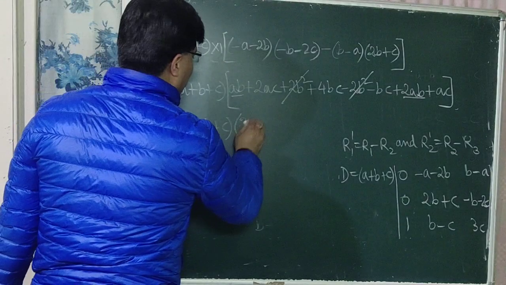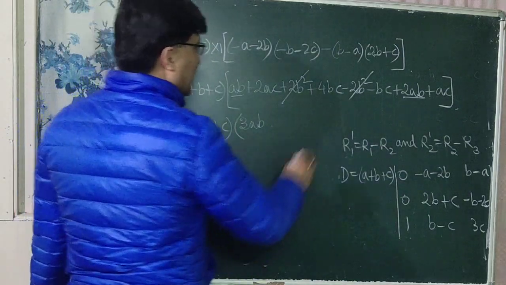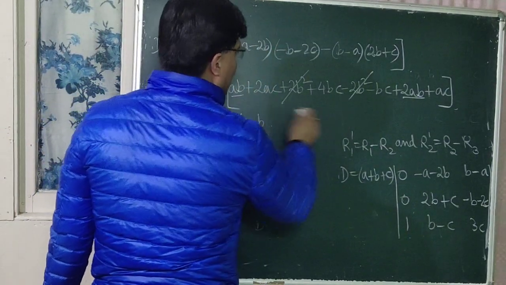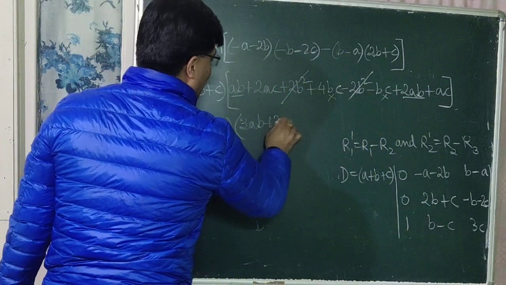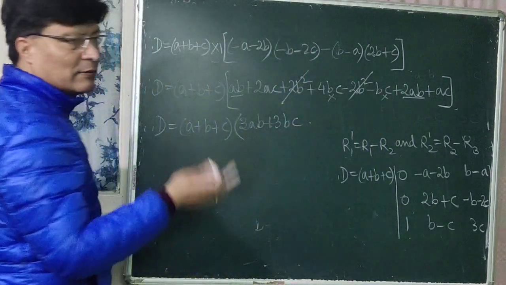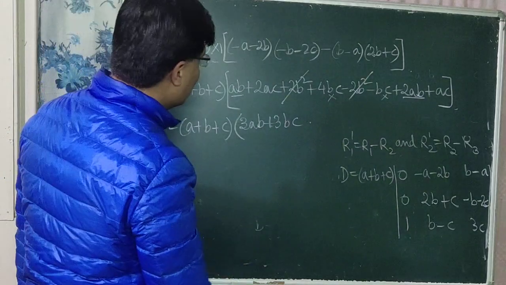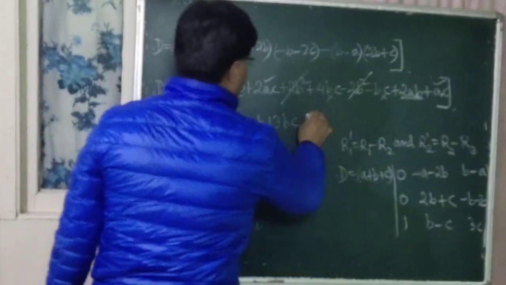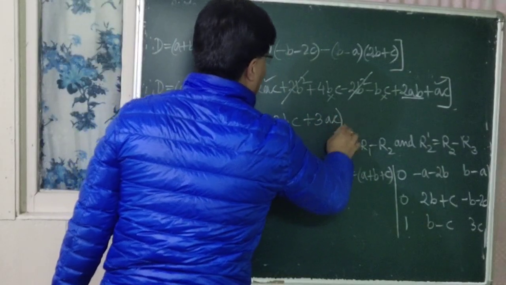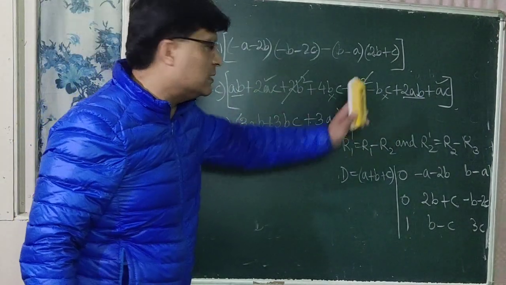AB plus 2AB, 3AB, right? Then let us write BC. This 4BC minus BC, how much is it? Plus 3BC, different sign, you have to subtract it. And you write down the sign of the greater number, that is plus 3BC, and plus 2AC plus AC, plus 3AC. So all the terms are simplified here.